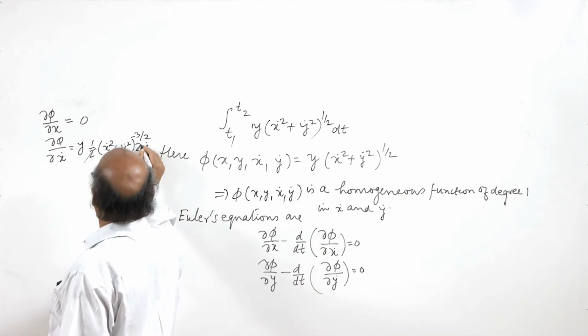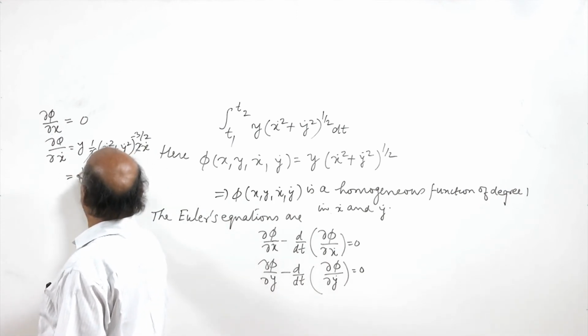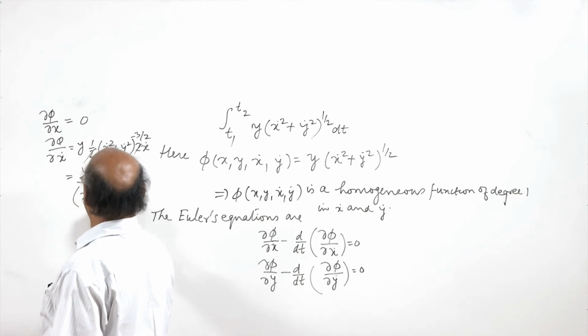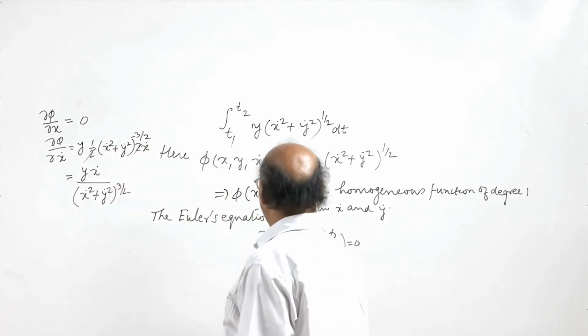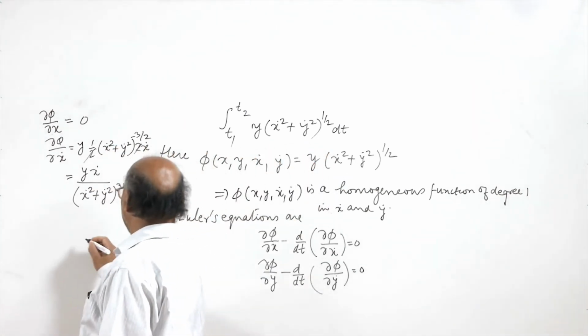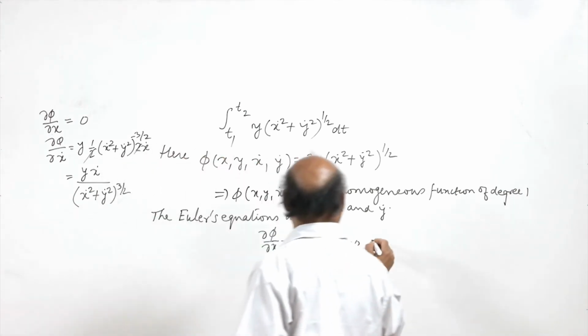So this 2 will cancel and we will get y x dot over (x dot square plus y dot square) to the power 3 by 2. So this will give you 0, okay, the first Euler's equation.